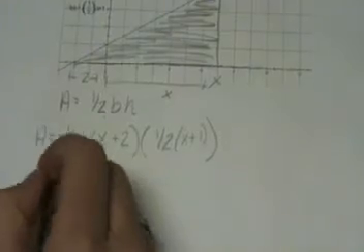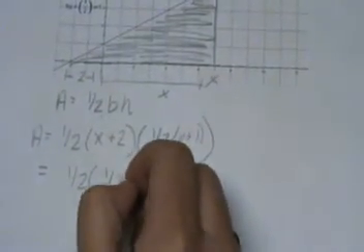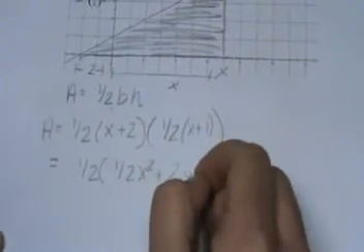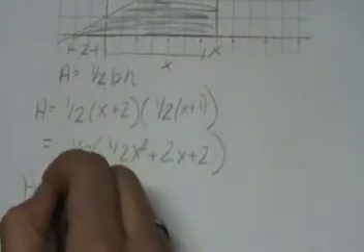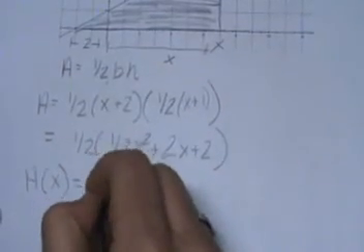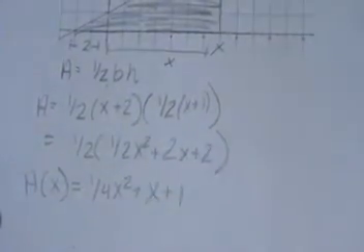After we distribute, it equals 1/2 x squared plus 2x plus 2. If you distribute a little more, the area function is 1 divided by 4 x squared plus x plus 1.